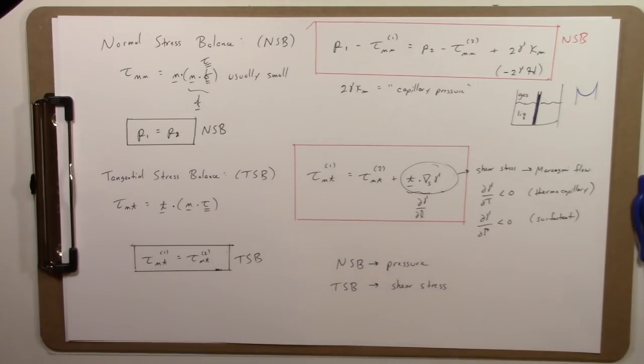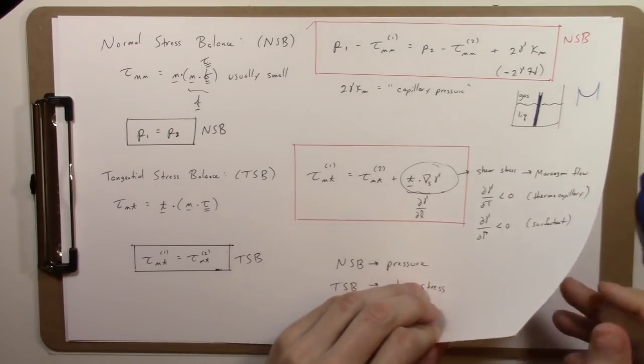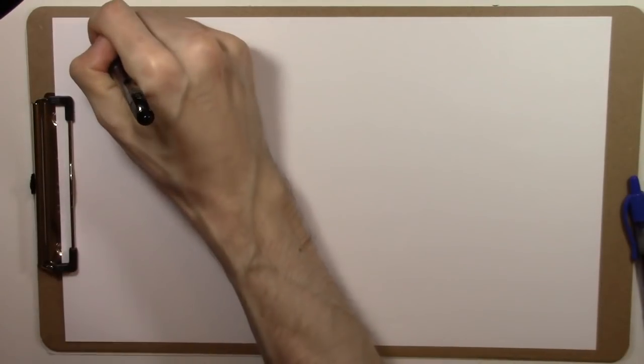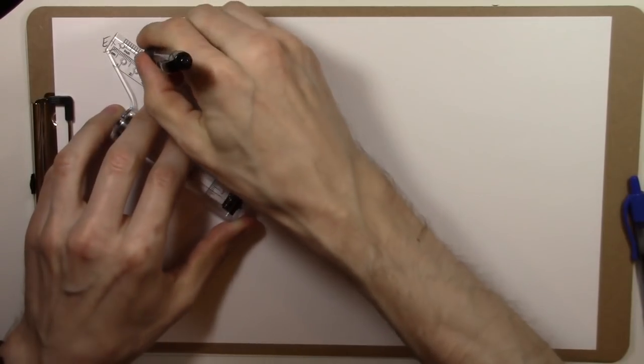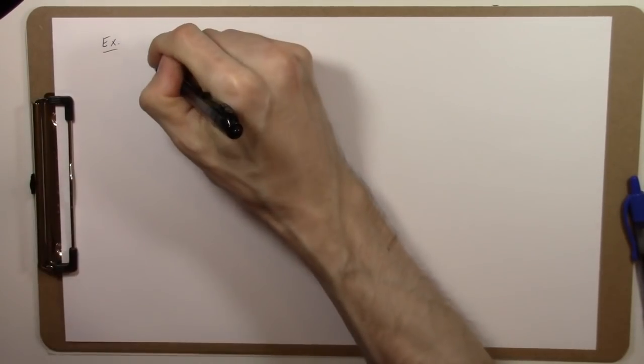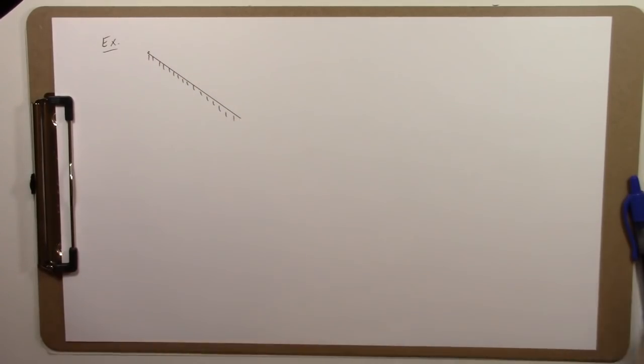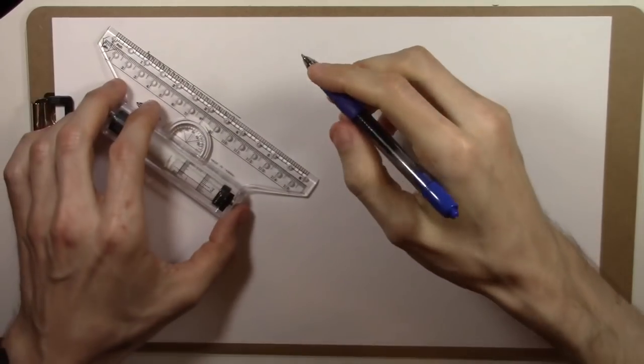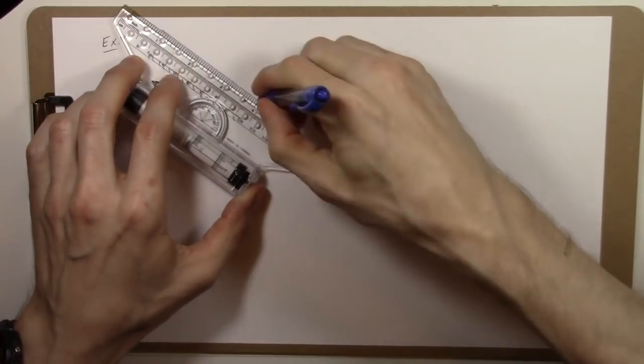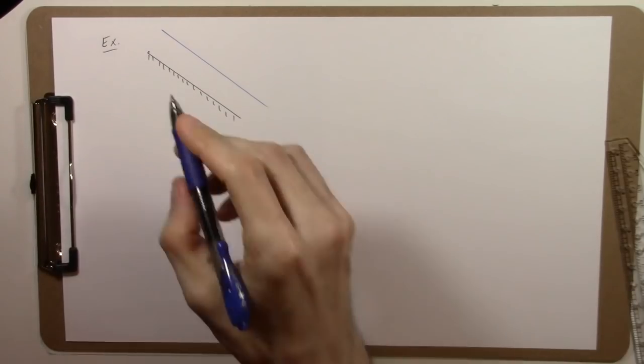So we have just enough time to go over a quick example of this to conclude this rather lengthy and detailed lecture. So here is our example. We have an inclined plane like this, a solid surface, so we'll add this cross-hatching. We have liquid flowing down this plane.